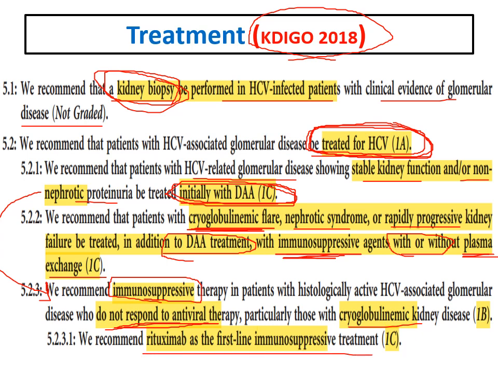One of the most important recommendations is that the first line immunosuppressive drug for cryoglobulinemia or HCV related glomerulonephritis is rituximab. The first line drug nowadays, after recent randomized control trials, is rituximab as the first line immunosuppressive treatment. This is the summary of recommendations.